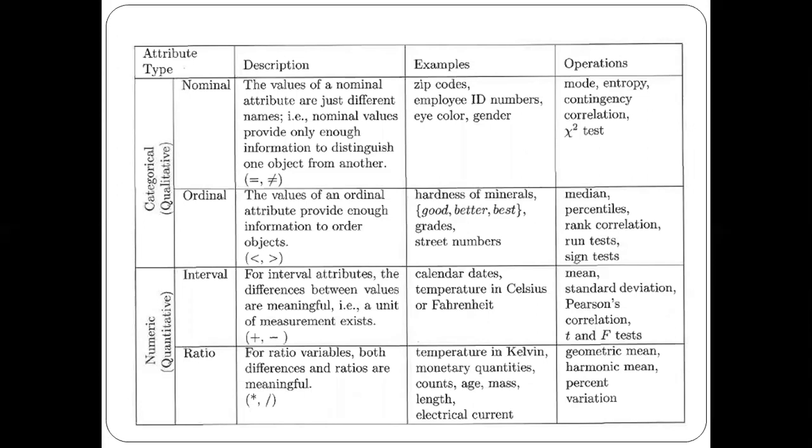So those types of attributes come under nominal and ordinal. So nominal and ordinal attributes are going to come under the category of categorical or qualitative attributes. And then coming to the next one, that is interval and ratio. Interval and ratio are going to come under the second category, that is numeric or quantitative attributes.